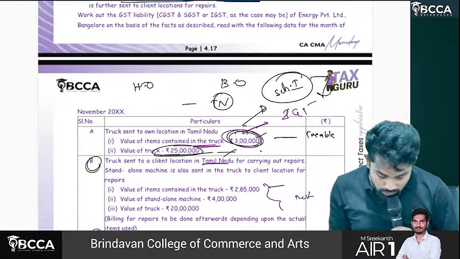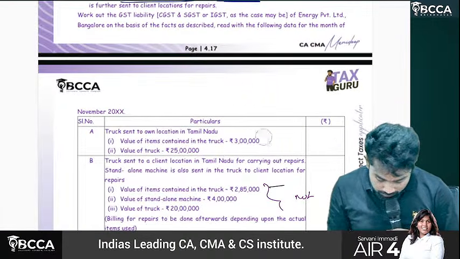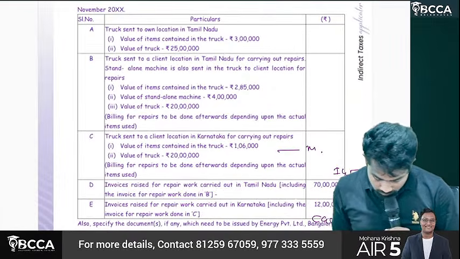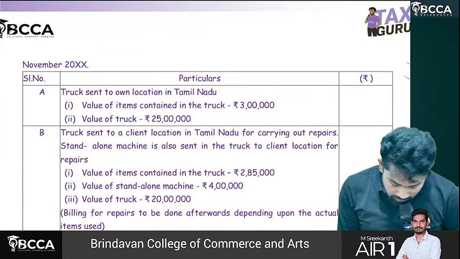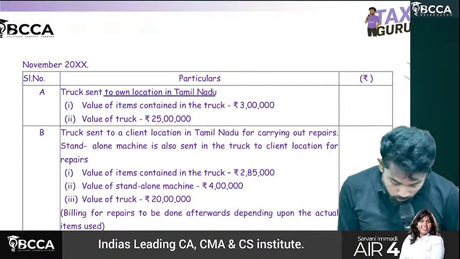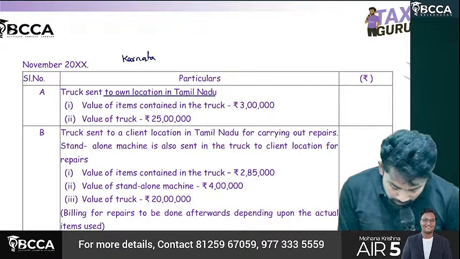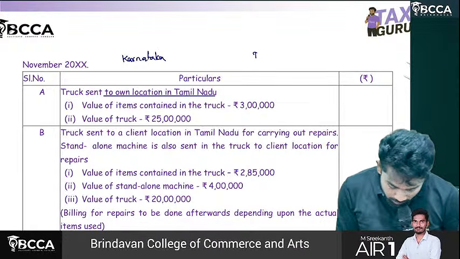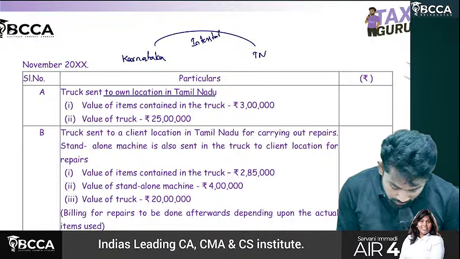Now they are asking to find out the taxability. Sir, first point: truck sent to own location in Tamil Nadu. From Karnataka they sent the truck to Tamil Nadu. So this is interstate movement of conveyance.